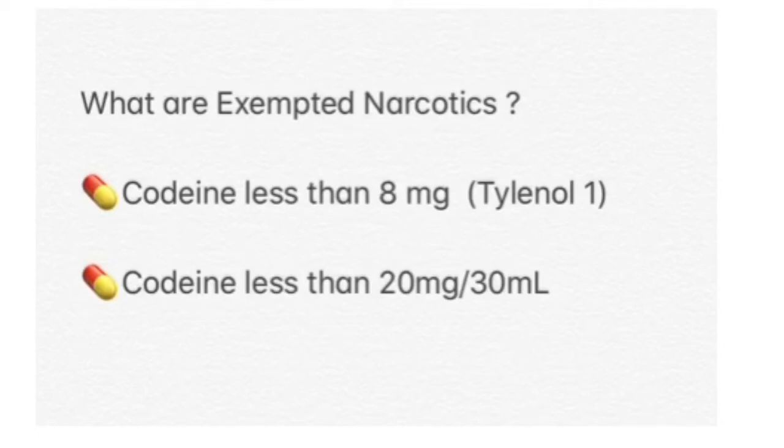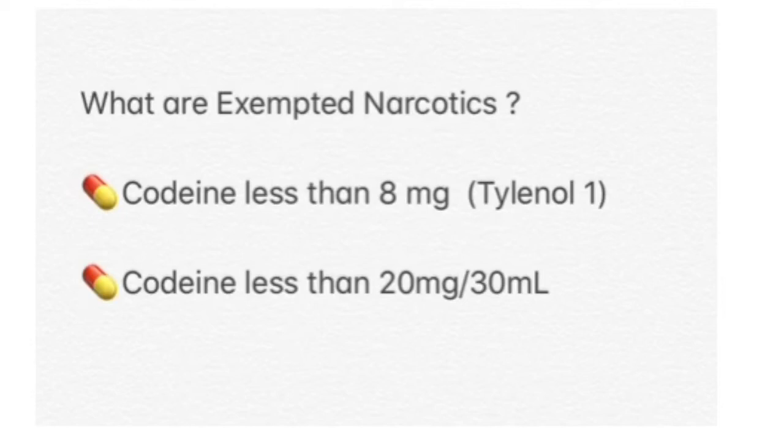Likewise, for a liquid preparation, if the codeine is less than 20 mg per 30 ml, that preparation is also an exempted narcotic. So you don't need a prescription to get those preparations.